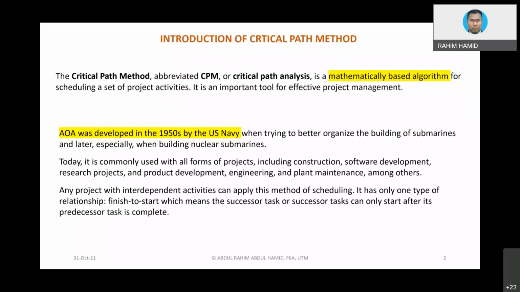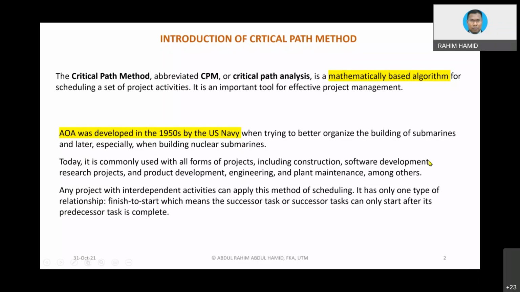And we can use this critical path method in AOA diagram and even AON or PDM diagram. So remember, Gantt chart, AOA diagram, AON diagram, PDM, or even line of balance is just graphic representation of the scheduling, whereas critical path basically is a calculation method. So don't get confused with that.